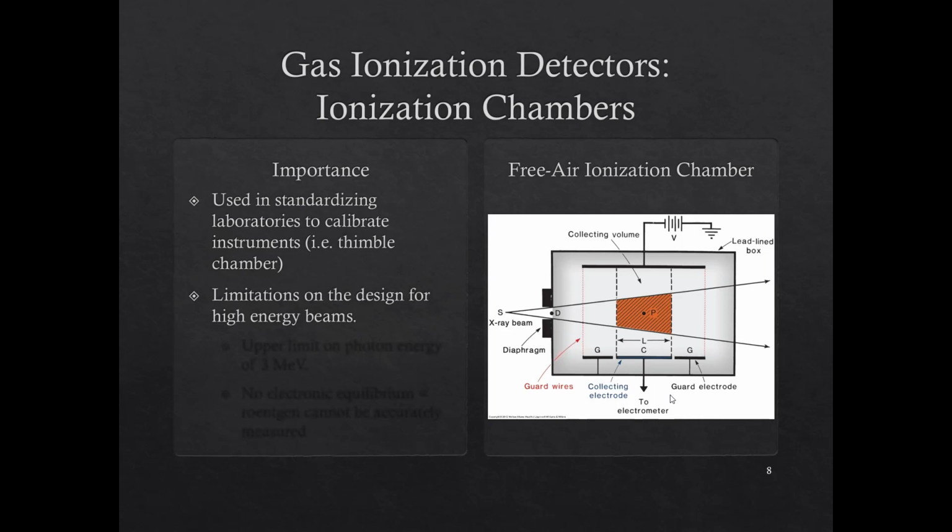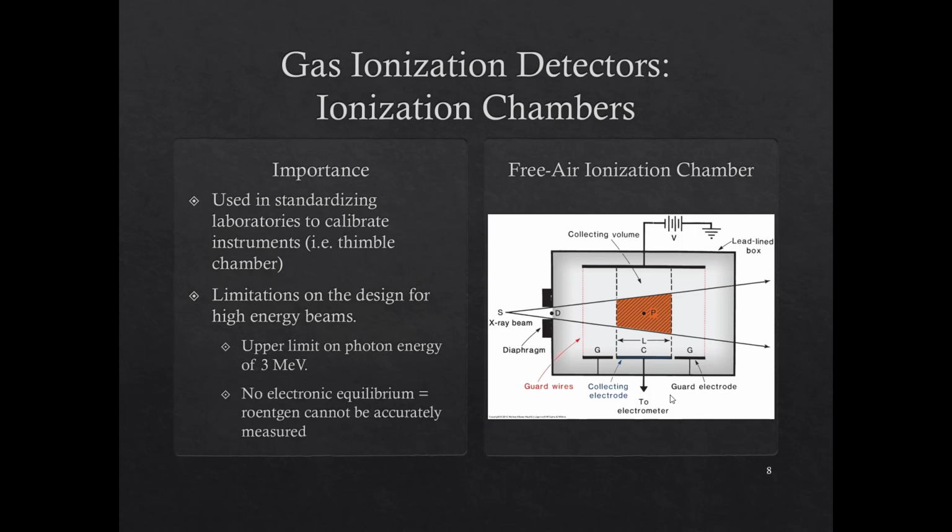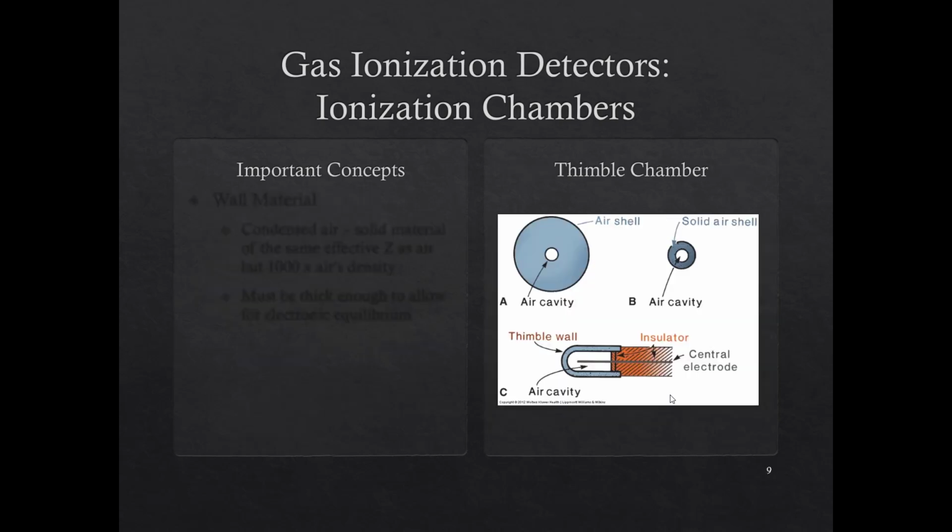There's some limitations on the design when it comes to high energy beams. So there's an upper photon energy limit of 3 MeV. With that same logic, we go to a certain design for the thimble chamber. We have these within the department. This is what we use to get profiles, PDDs from our different beams, and the constructions of these are very important.